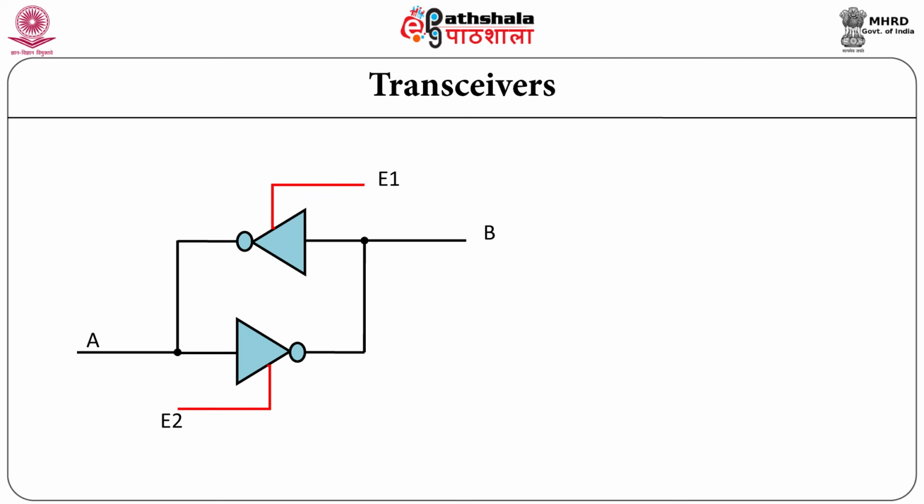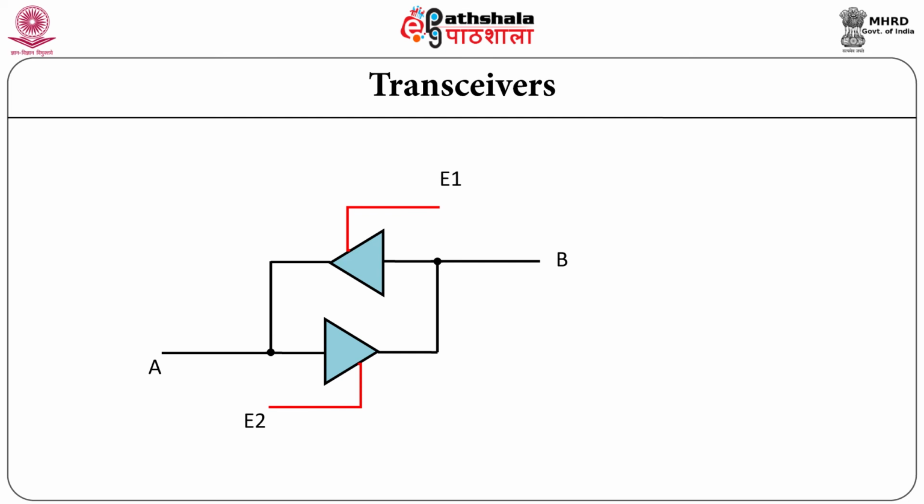When active high input is provided at enable input E1, then data is transferred from A to B in a complemented form. When the enable input E2 is at logic 1, then data is transferred from B to A in the complemented form.